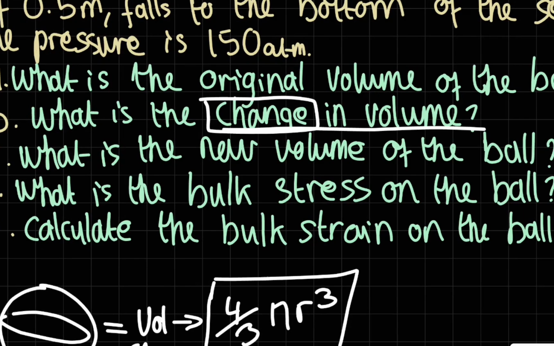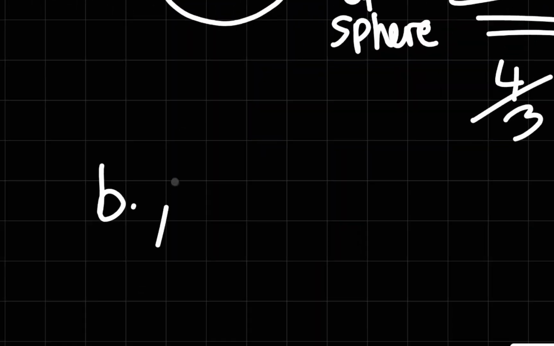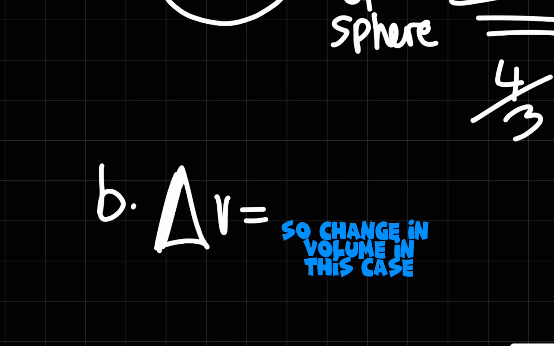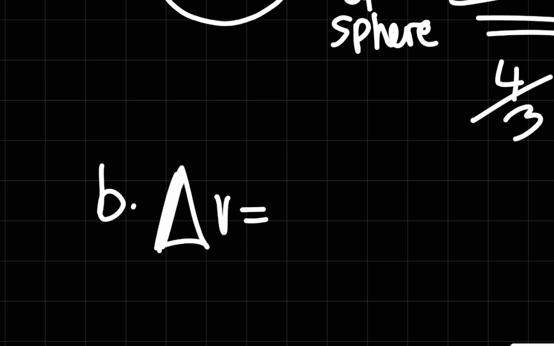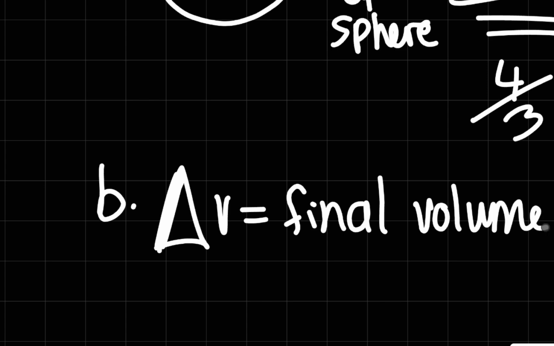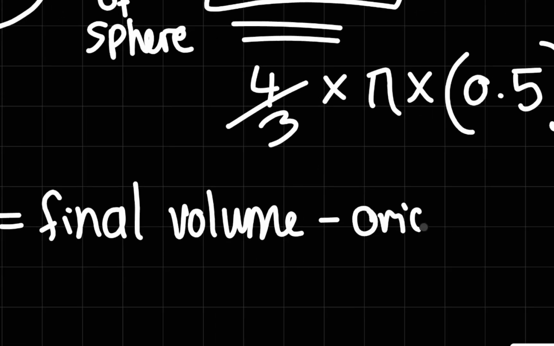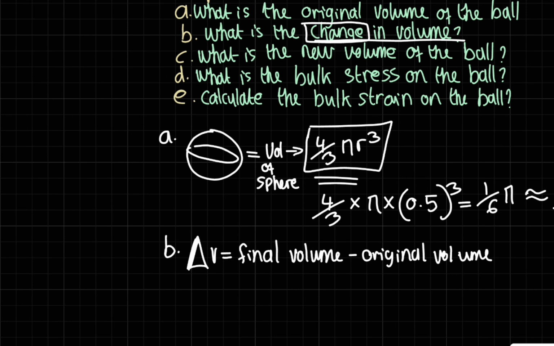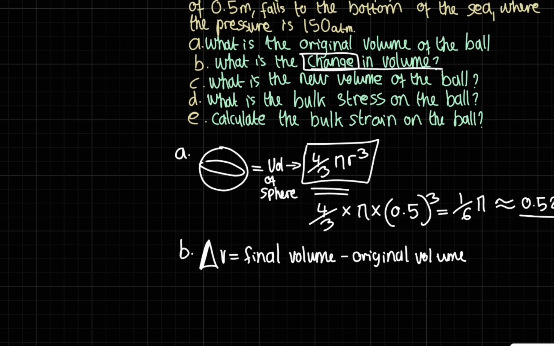We've been given the original volume, and what should be known is that the change in volume will be final volume minus original volume, which we worked out in part A. But the thing about this particularly is that we don't have the final volume.